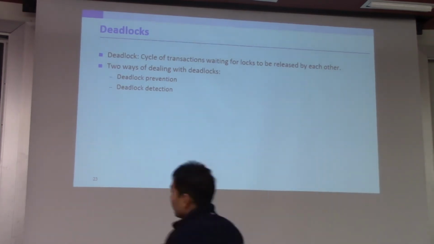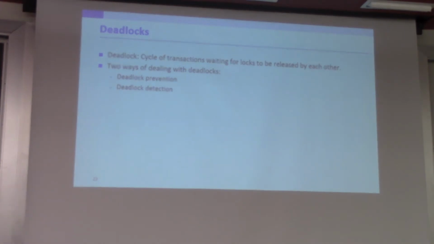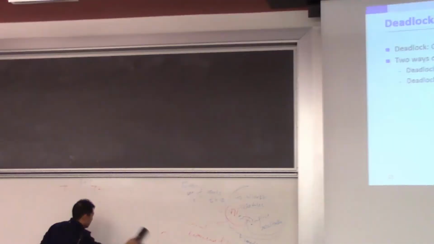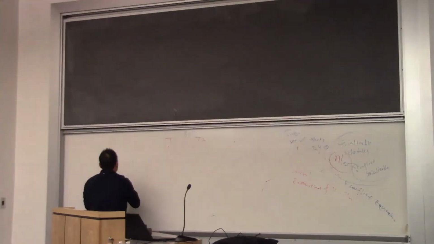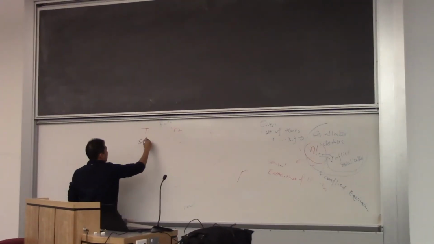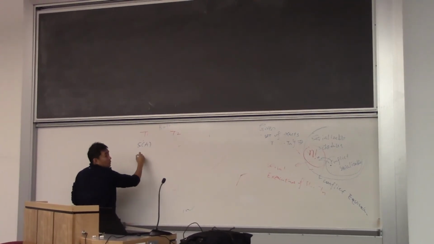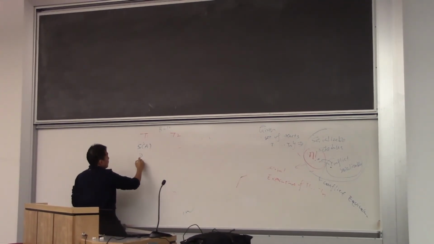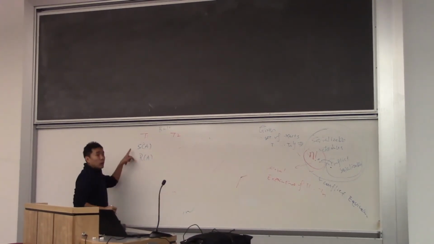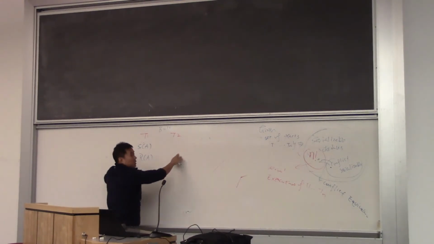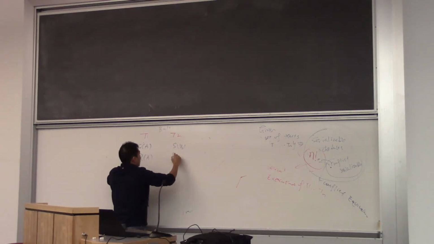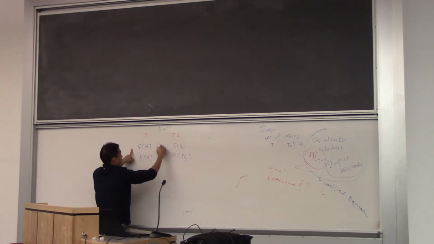I'll give you a simple example of this. Suppose I acquire the lock of A. While you are doing this, T2 says I'm going to acquire the lock of B in parallel. And I'm going to repeat, there is no conflict whatsoever. This is totally okay.